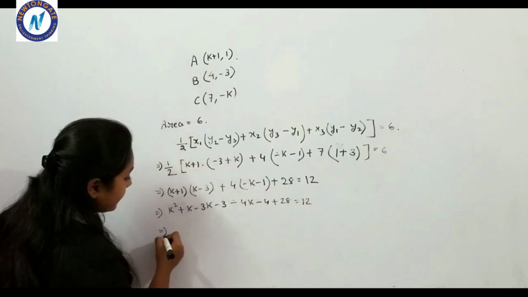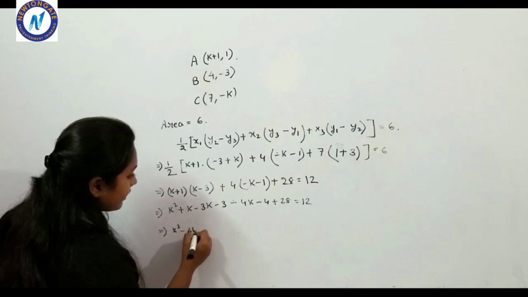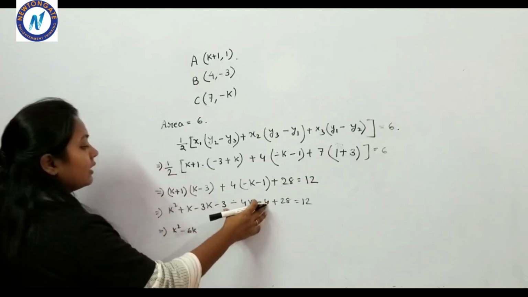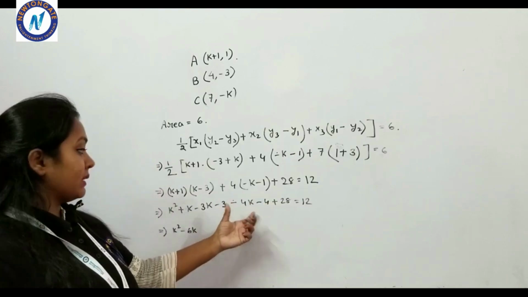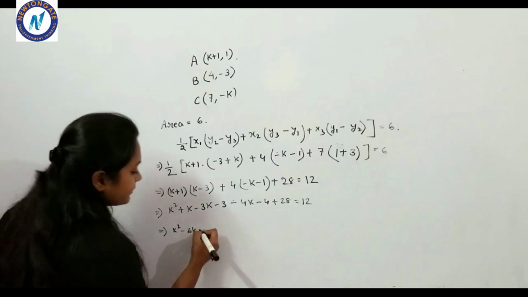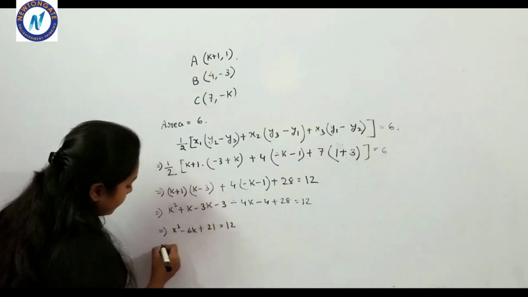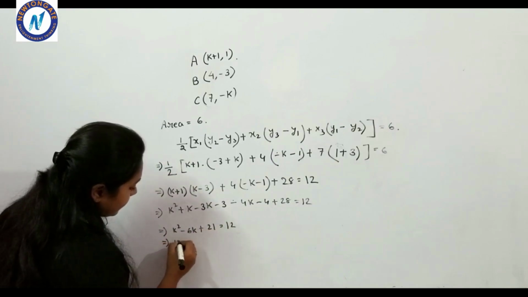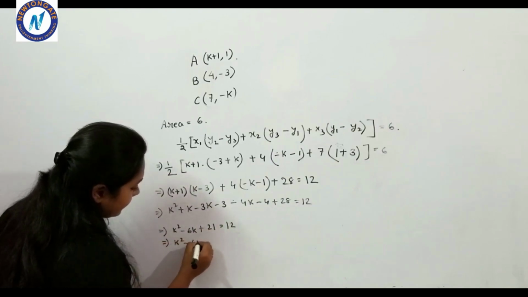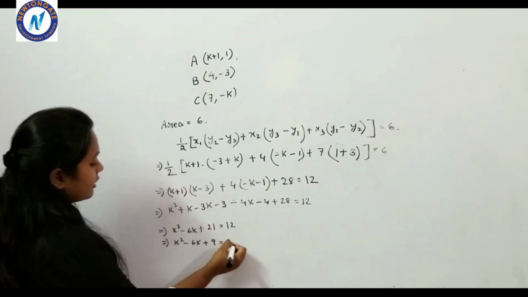Then we'll get k square minus 6k minus 7 minus 3 minus 4, minus 7 plus 28 means plus 21, equals 12. Then we'll get k square minus 6k plus 9 equals 0.